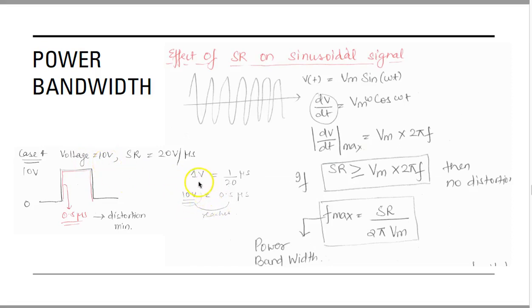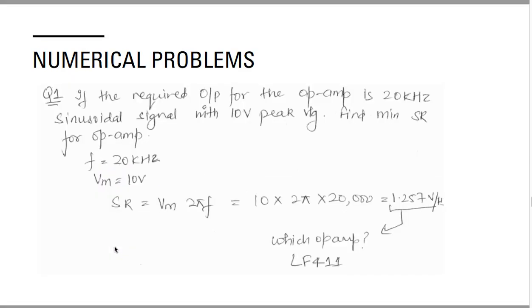If you multiply by 10 volts here and 10 volts here as well, then you will get 0.5 microseconds. For 10 volts you'll get 0.5 microseconds, and that's the minimum distortion-free time you can get with this value.